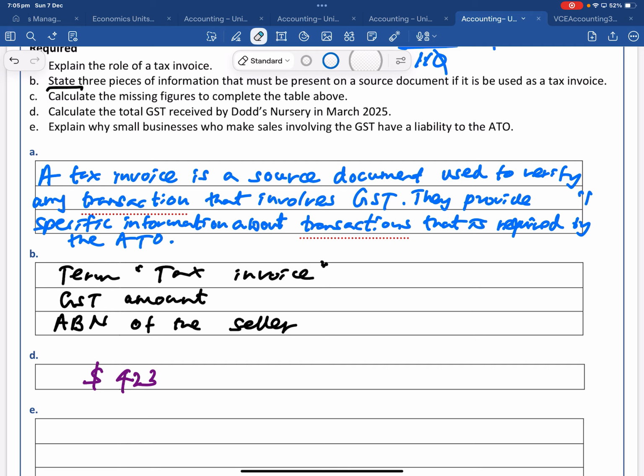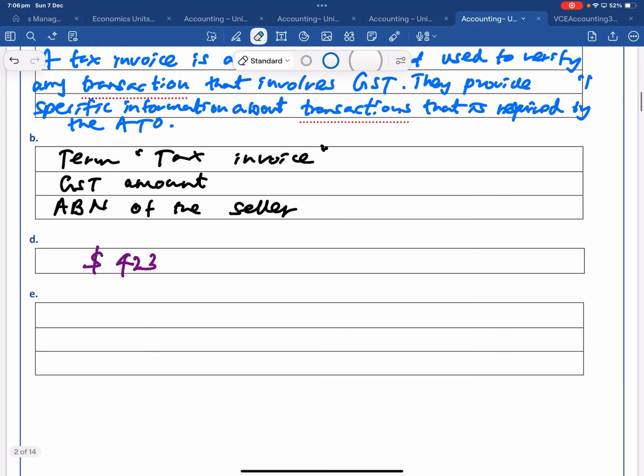Then every time we'll have a GST asset, a GST receivable, but we don't make profits. Make sense? We make more sales revenue than we pay for expenses.